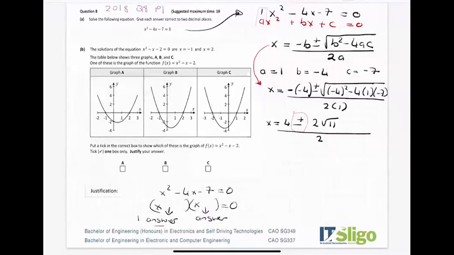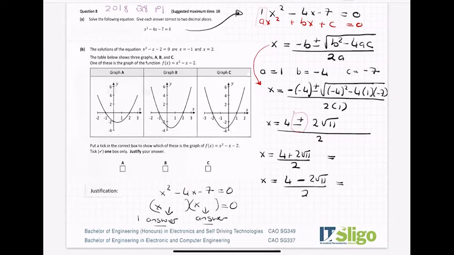So every quadratic has 2 answers. So doesn't it make sense that when I solve it with the minus b formula, I should get the same answers, also 2. Where the 2 answers come from is that plus and minus. The first answer comes from 4, and I select the plus: plus 2 root 11 all over 2, and I solve that. The second answer comes from the minus this time: 4 minus 2 root 11 all over 2.